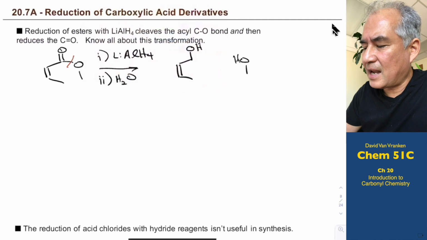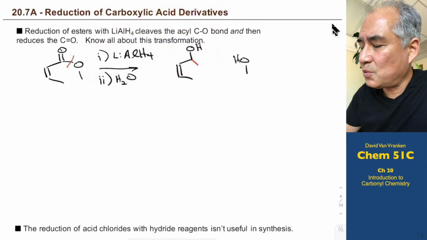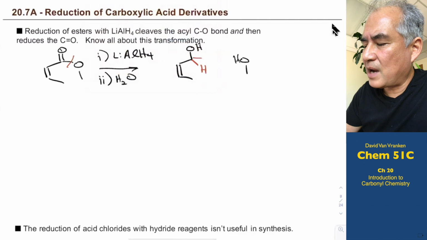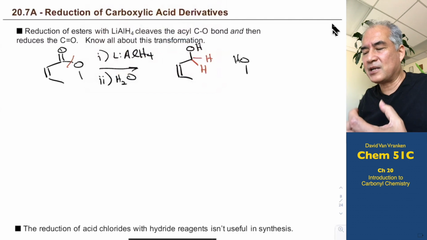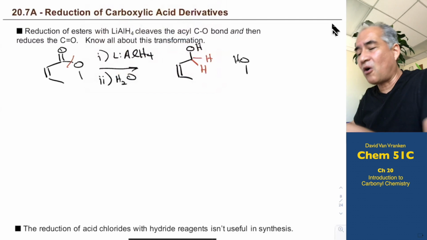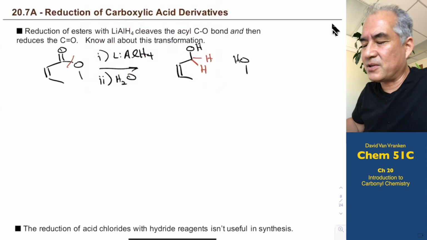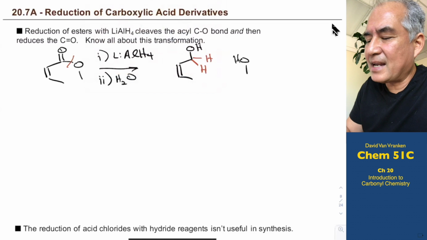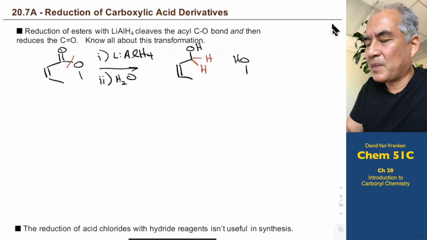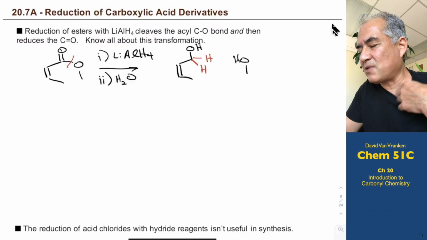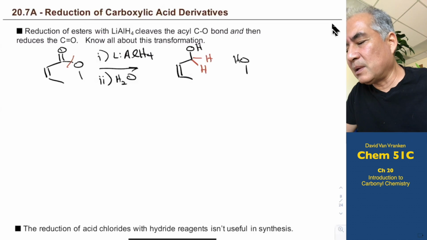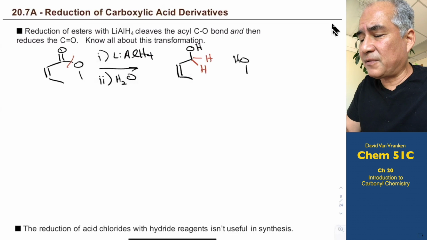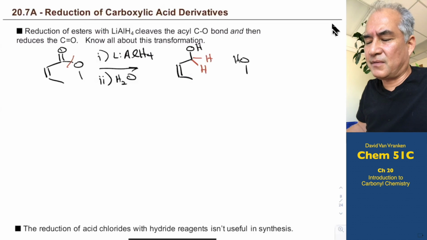So what am I not showing you here? What I'm not indicating is that we added two equivalents, two hydrido groups, to this. Lithium aluminum hydride actually carries 4 hydrido groups, and it can transfer all 4 of those. I'm not writing down stoichiometry here, but 1 mole of lithium aluminum hydride would be enough to transfer hydrido groups to 2 equivalents of the ester.